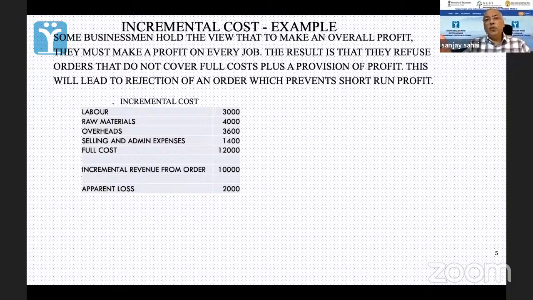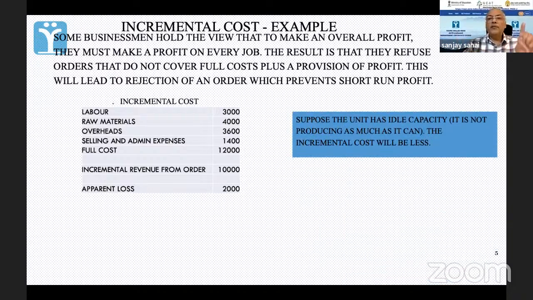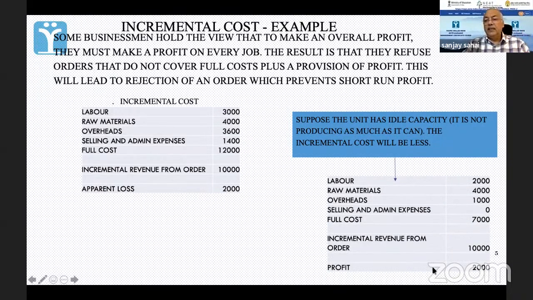But basically, you are in a position to produce more. If this is the situation of your company, then it may make sense to take on an extra order for a short-run profit, because your actual expenses are going to be much less than what they would have been if you did not have idle capacity.